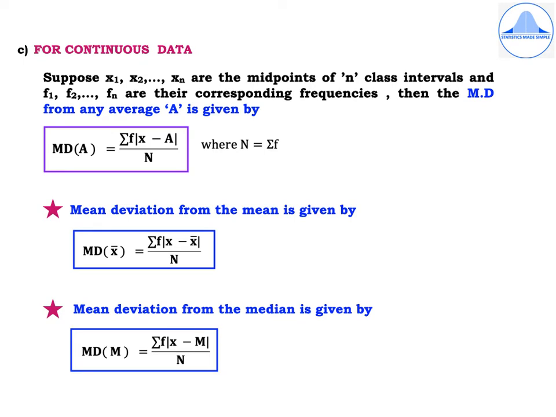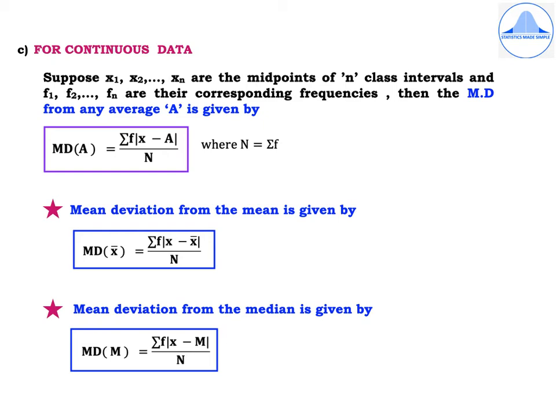In subdivision C, we learn how to compute the mean deviation for continuous data. So let x1, x2, so on xn be the midpoints of n class intervals, and f1, f2, so on fn be their corresponding frequencies. Then the mean deviation from any average A is given by MD of A equal to summation f into modulus x minus A divided by capital N, where capital N is equal to summation f.